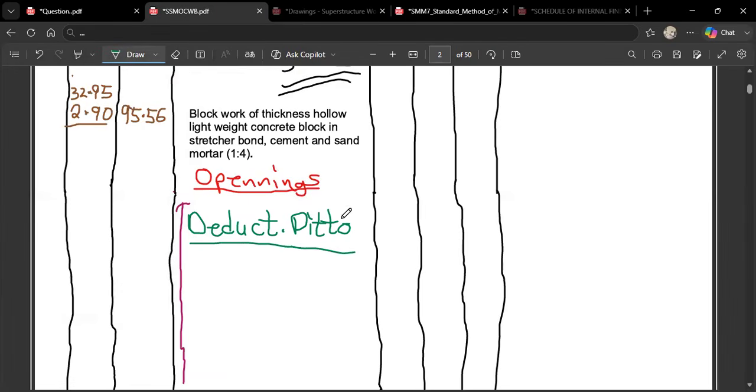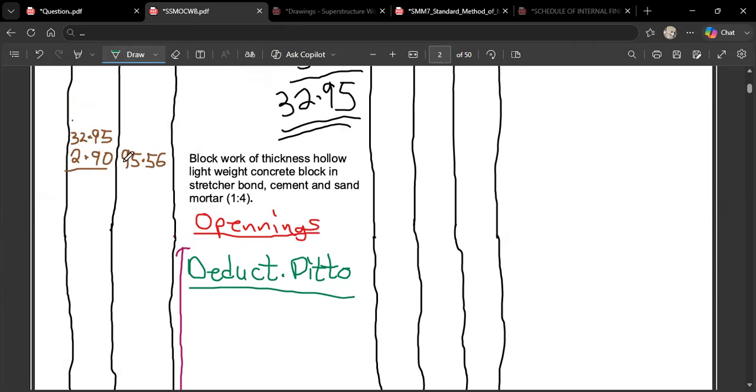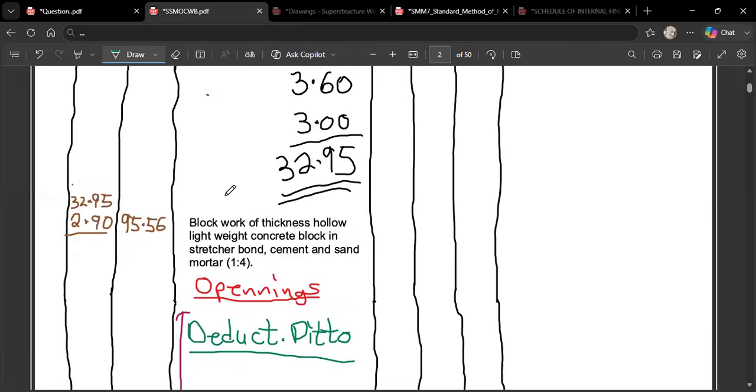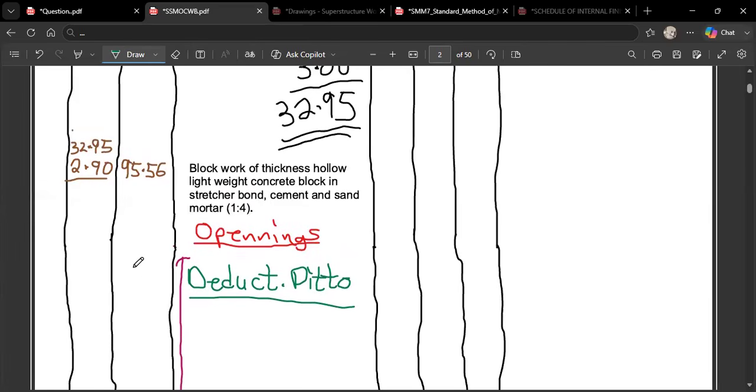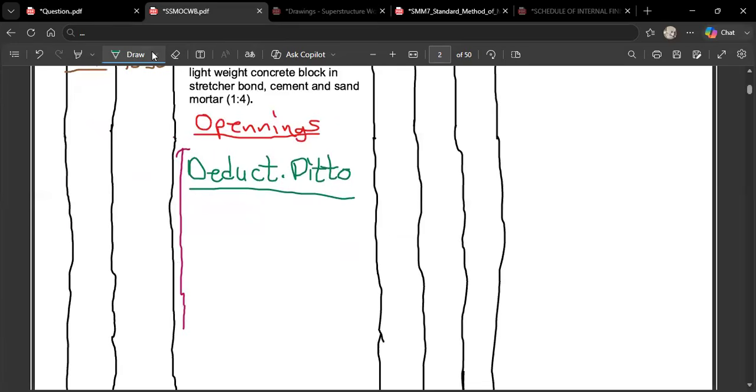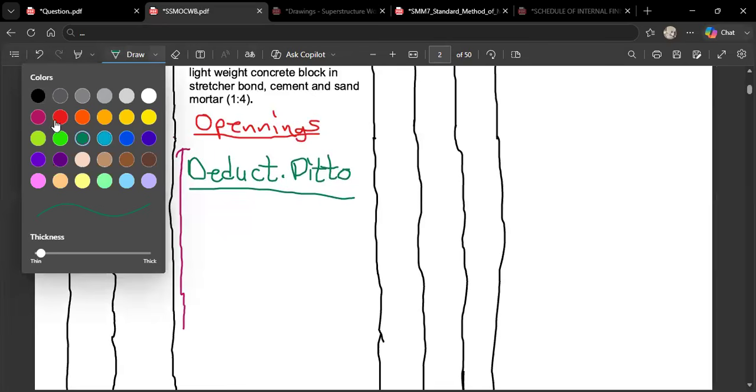So the description is the same thing, and then the value we have over here is 32.95. The overall length, 32.95. We're going to multiply it by the length, just like the initial one would be.